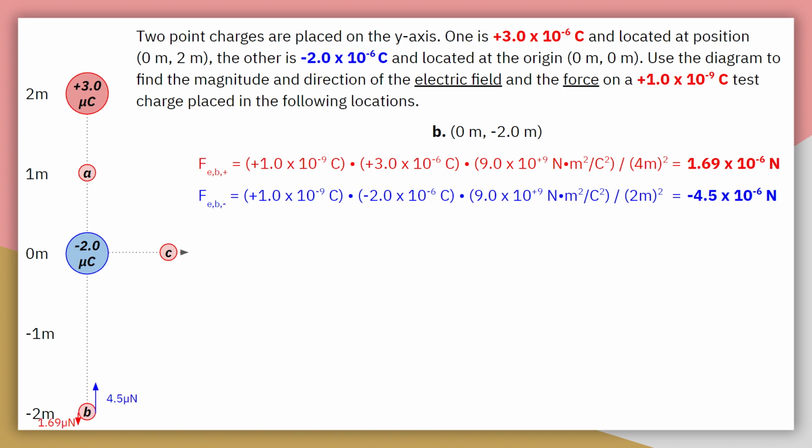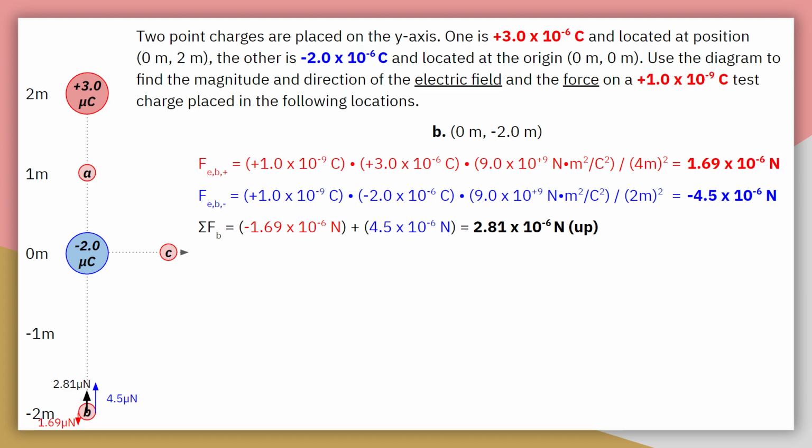It's an attractive force, but in this case, it's going to be an upward facing force vector. We have two force vectors here pointing in opposite directions. So when we add them together, we need to deliberately make one positive and one negative. For me, I'm saying up is positive, which is why that 4.5 times 10 to the negative 6 newtons, despite being calculated as negative using Coulomb's law, I'm deciding up is positive, which is why that's positive, and the other force was negative.